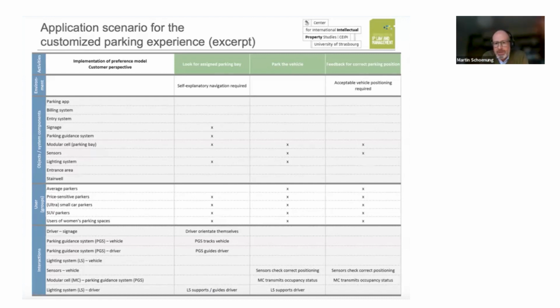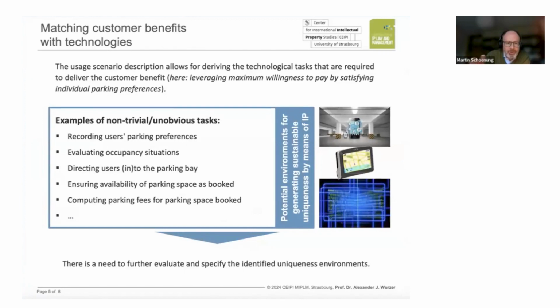If we are speaking about the feedback for a correct parking position, this means the check whether the car is placed in the right order in the parking lot and not blocking two lots, but just one. The environment is the acceptable vehicle positioning, which is required.